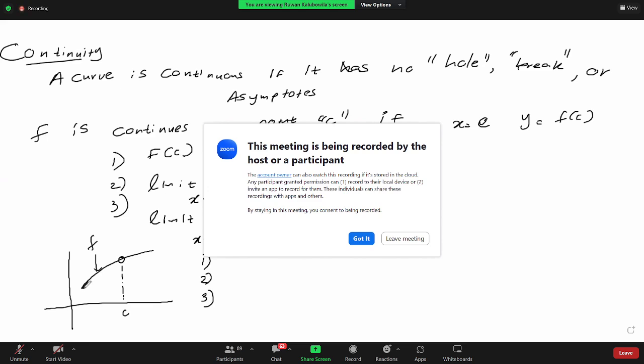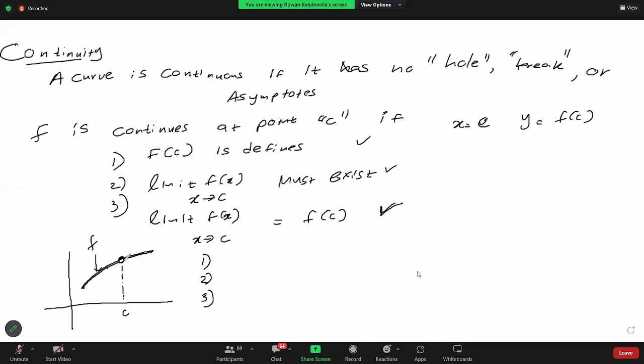Okay, then I will clear a little bit. This is the function, and there is a hole at the point C. So this one is a hole, right? Hole means there is no y value at this point.